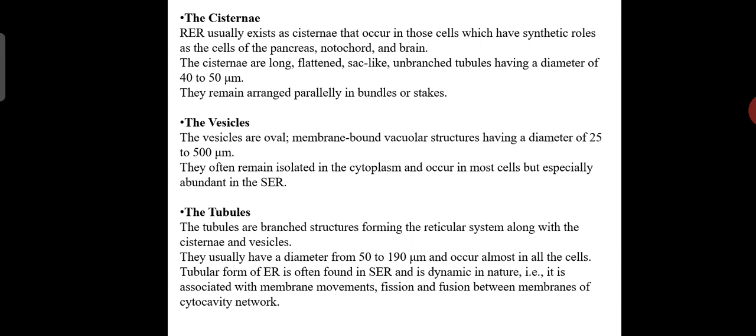They usually have a diameter of 50 to 190 micrometer and occur in almost all the cells. Tubular form ER is often found in smooth endoplasmic reticulum and is dynamic in nature. That is, it is associated with membrane movements, fission and fusion between membranes of the cytoplasmic network.